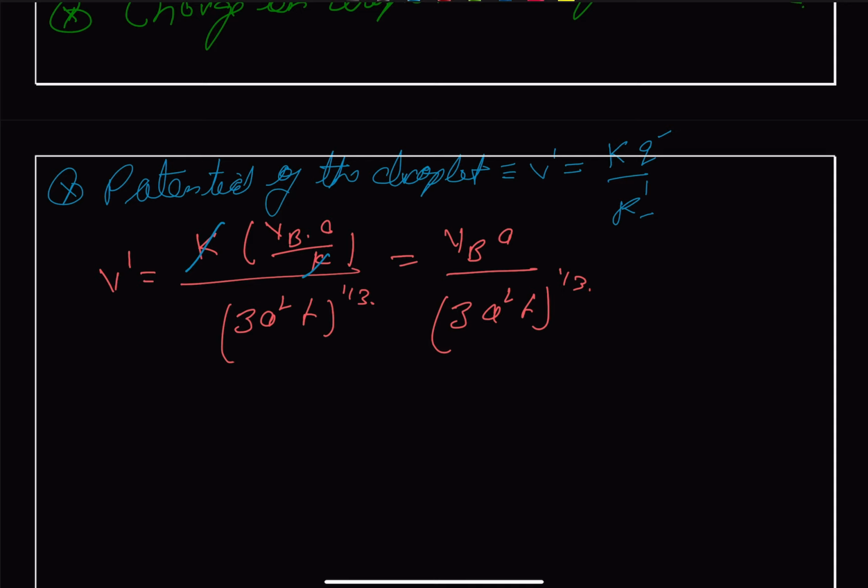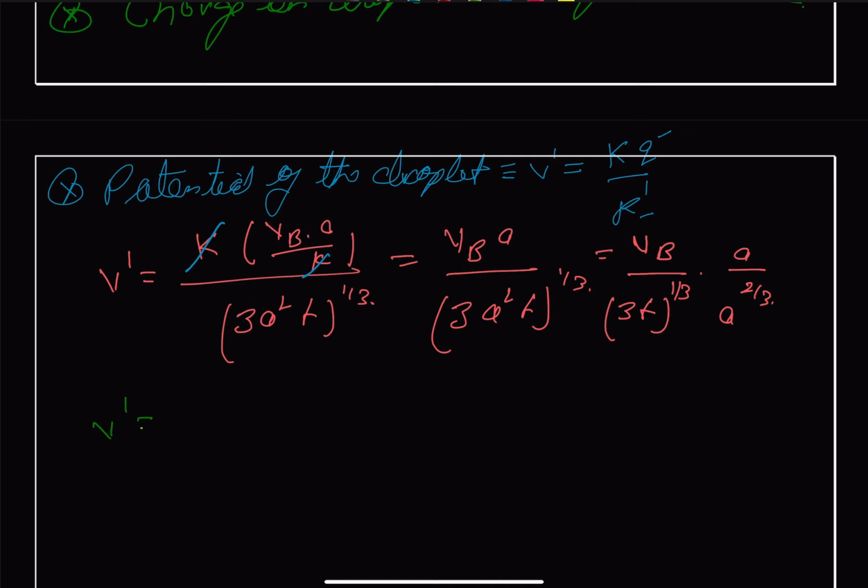The only term which is common in numerator and denominator is A, the rest of the things we can just sort out. So this comes as VB divided by (3t) to the 1 by 3, and this comes as A to the power 1 minus 2 by 3, which is automatically equal to 1 by 3.